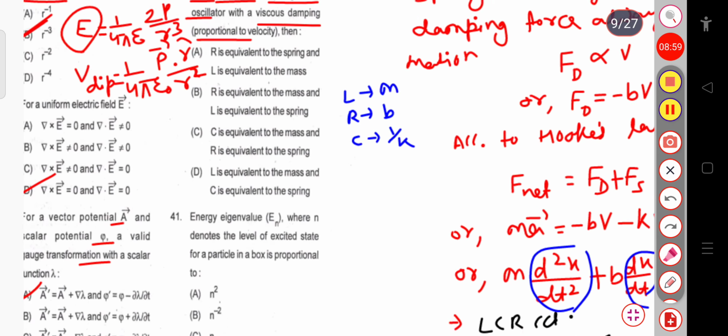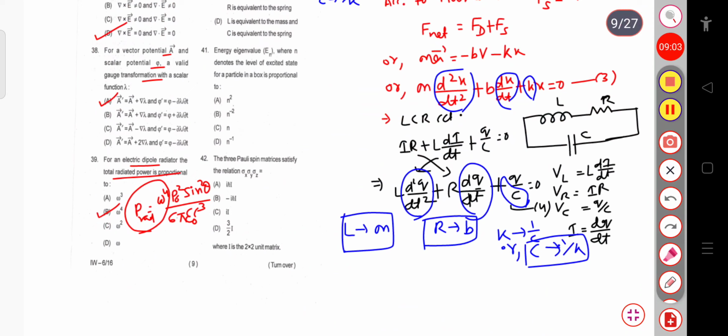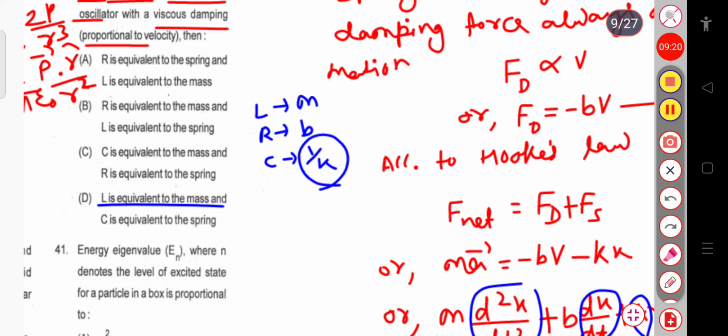We have calculated this much. Now from the options you can see L is equivalent to the mass, and C is equivalent to 1 by k, which is related to the spring constant. So this option is the correct answer.